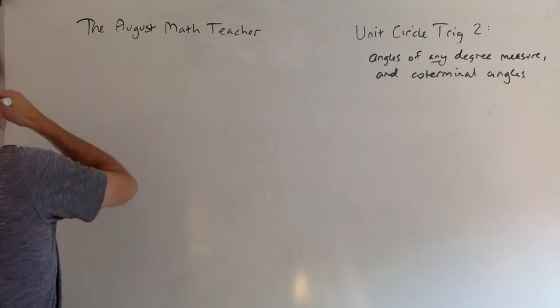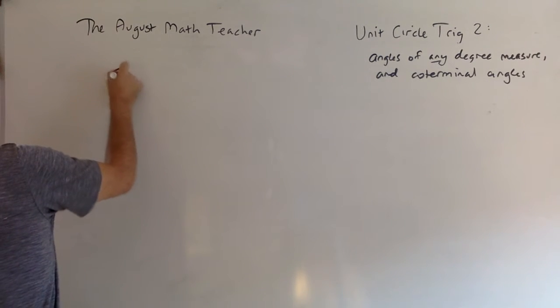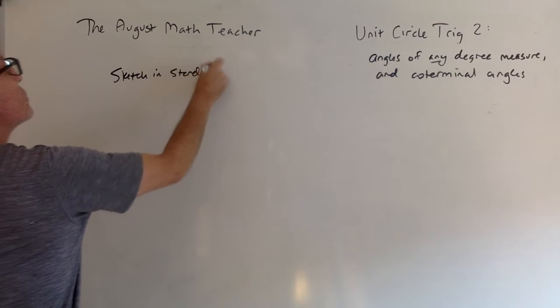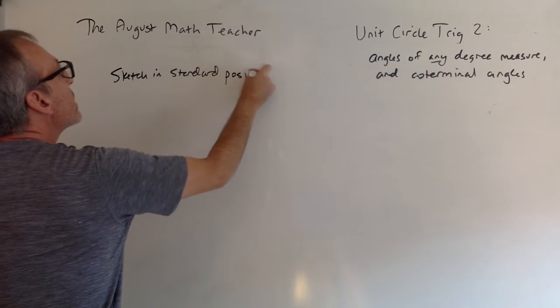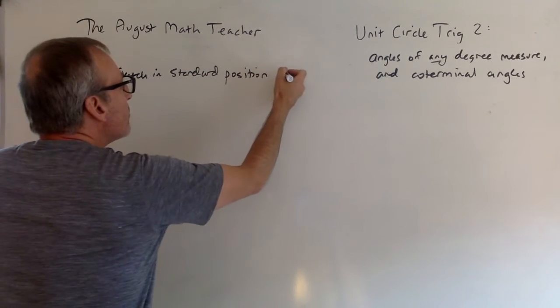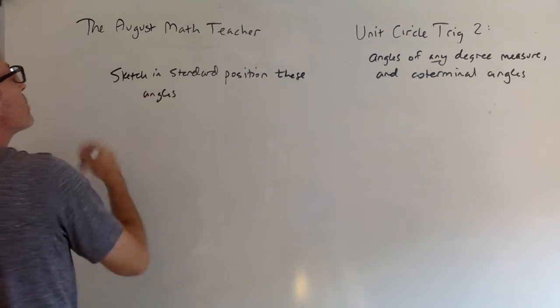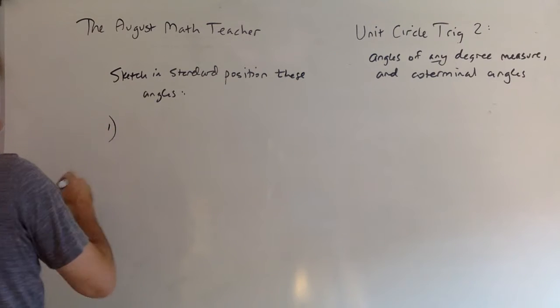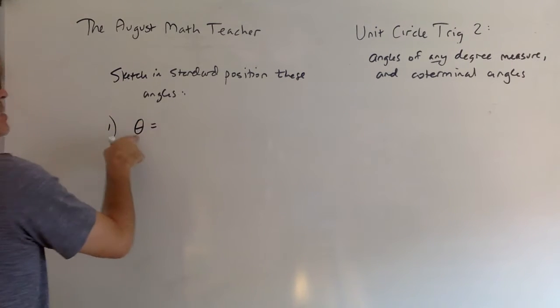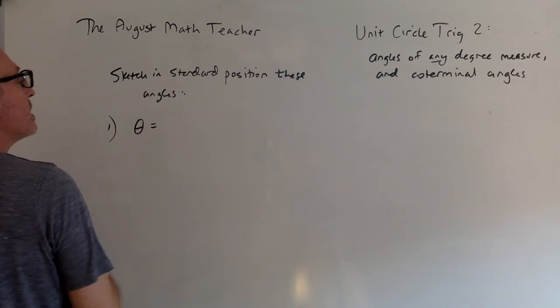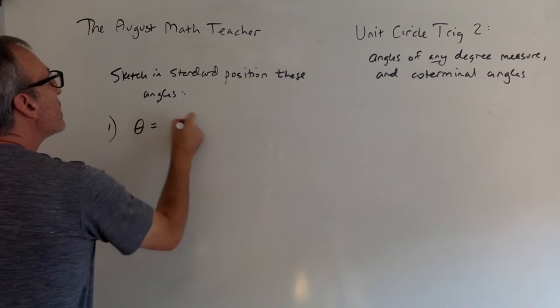So here is an example of, let's sketch in standard position. This is this new term for angles. These angles, we'll do three of them. Number one, let's do an angle theta. That's our default name for any angle. We're going to say theta is equal to 190 degrees.